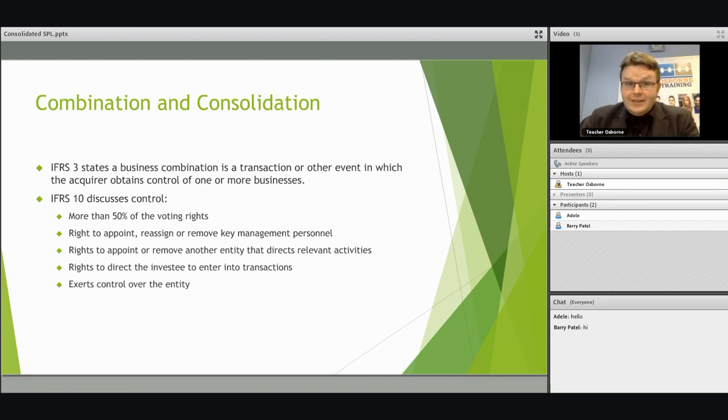So let's start by looking at combination and consolidation. This comes from the International Financial Reporting Standards, IFRS. The two standards that talk about this are IFRS 3 and IFRS 10. It's very important that you know about the International Financial Reporting Standards and that you get the ideas in your head, because a lot of times students focus exclusively on the mathematics and don't worry much about theory.